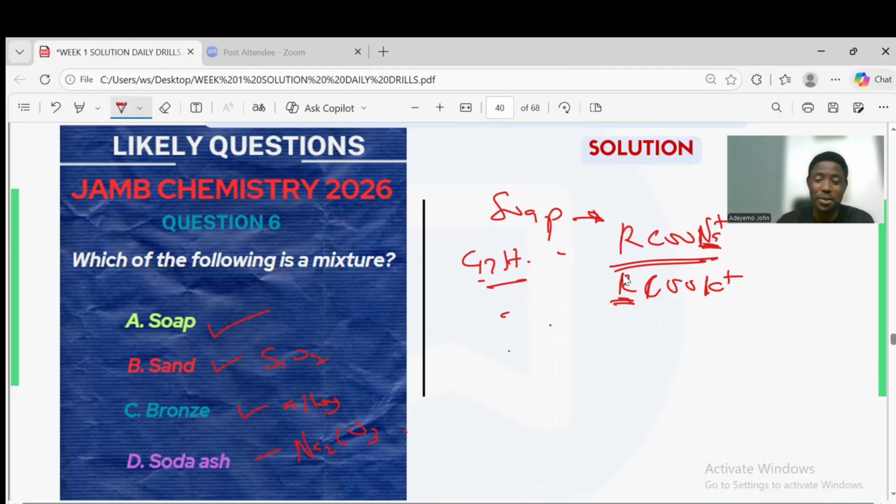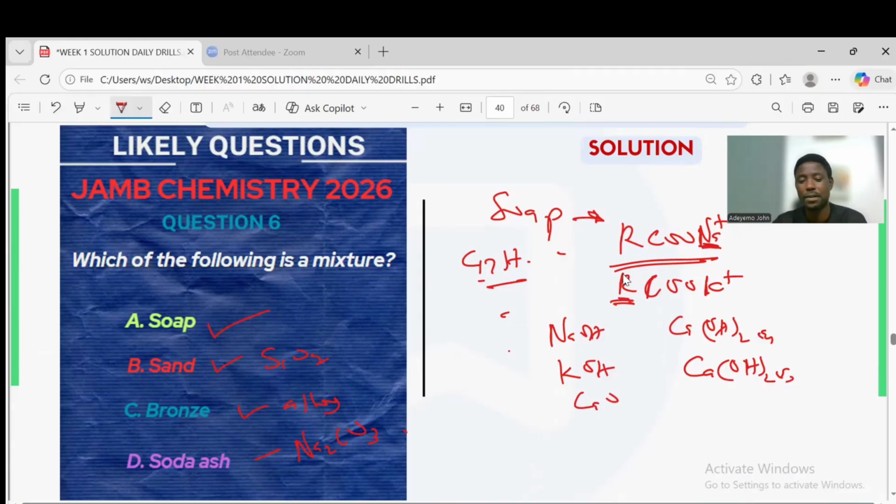Just know that caustic soda is NaOH. Caustic potash is KOH. Quicklime, CaO. Lime water, Ca(OH)2 aqueous. Slaked lime, Ca(OH)2 solid, with just a little amount of water. We have a lot of compounds like this that you have to know.